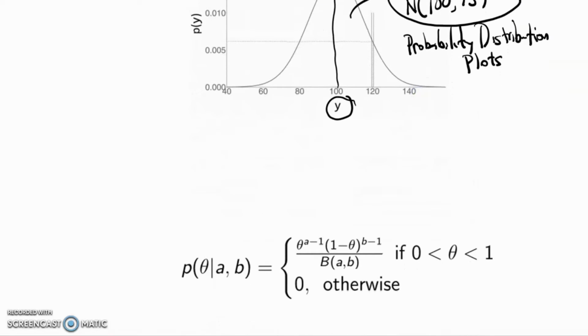Now let's move on to the beta distribution. Again, this is the formula for the probability density.